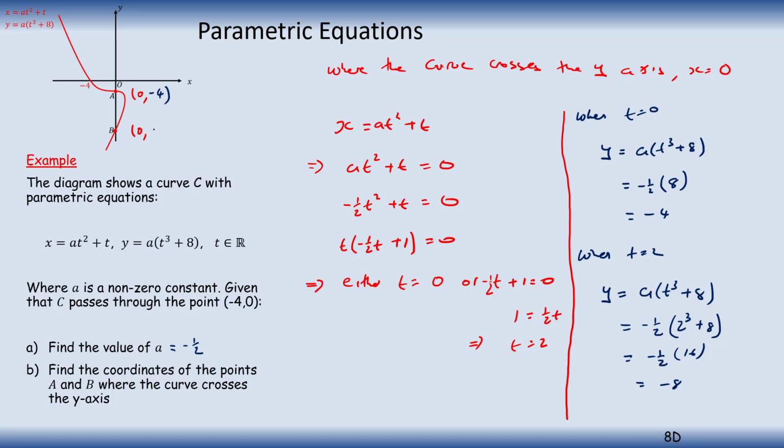So our second coordinate is minus 8. So just to conclude, let's be explicit about writing the coordinates. A is given by 0, minus 4, and B is given by 0, minus 8.